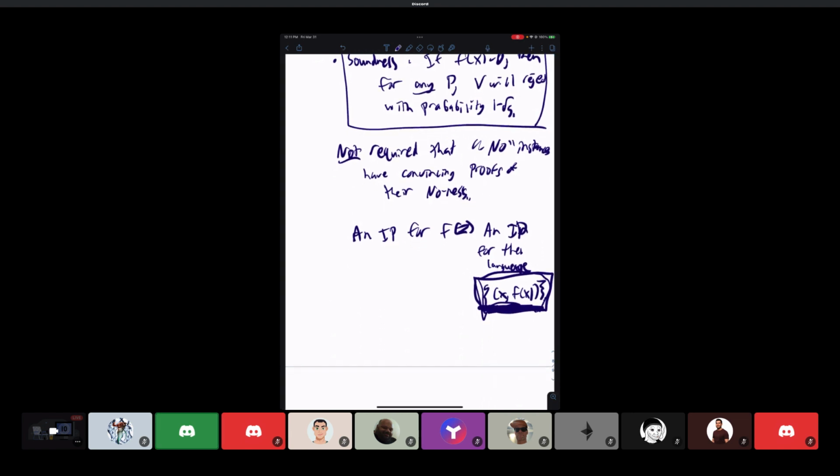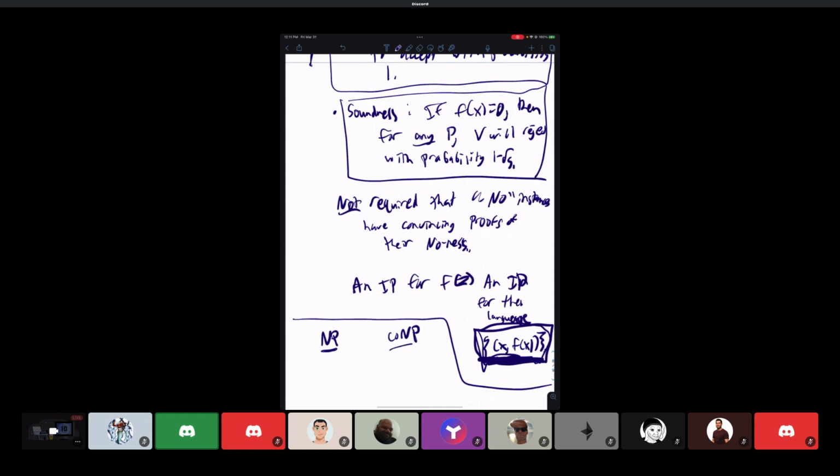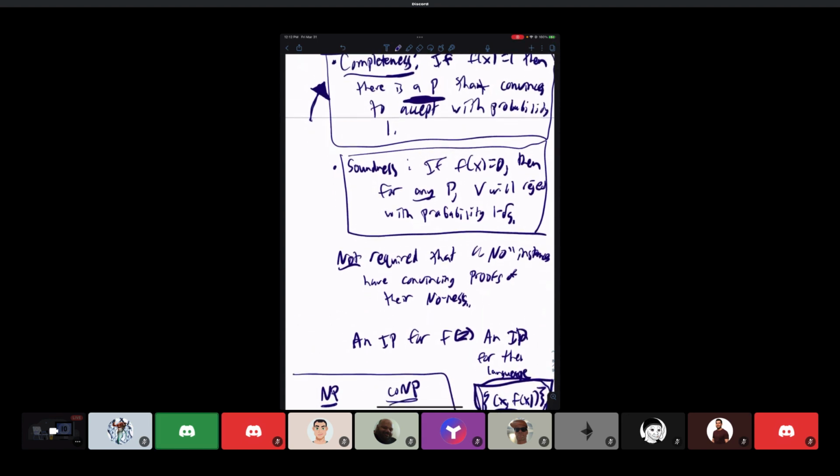Okay, and just final comments. If you've ever seen the complexity classes P, NP, and co-NP, and if you haven't, don't worry about it, these complexity classes have exactly this asymmetry about languages.